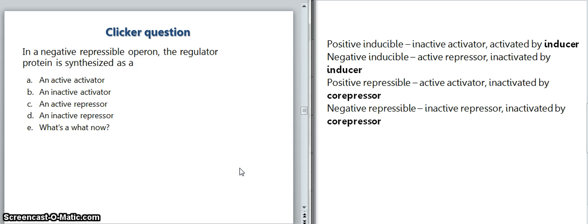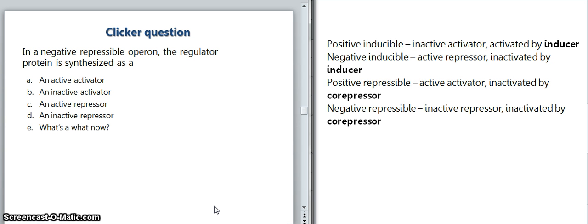Okay, clicker question. I'll give you a moment, and then we'll go over the answer. They're asking, in a negative repressible operon, the regulator protein is synthesized as a what? So they want to know when it's first translated, is the protein that comes out active, inactive, an activator, or a repressor?